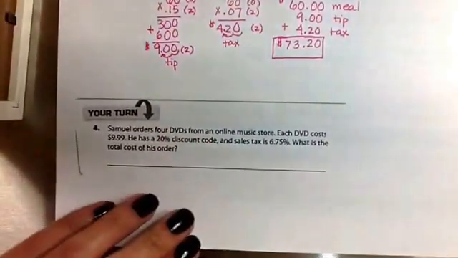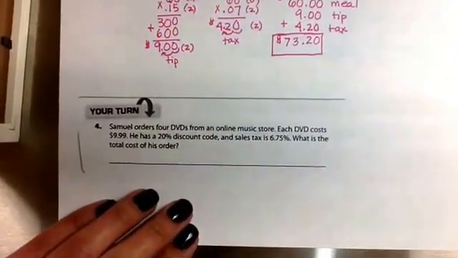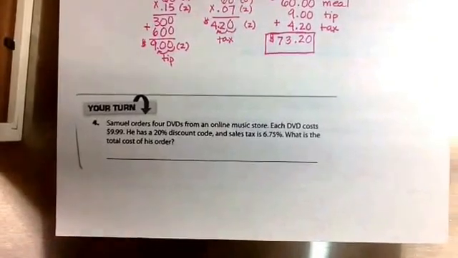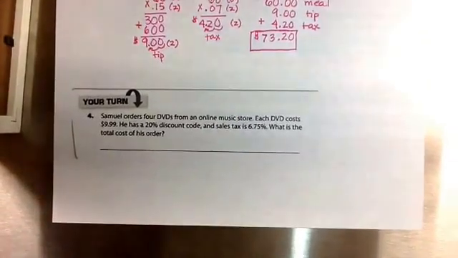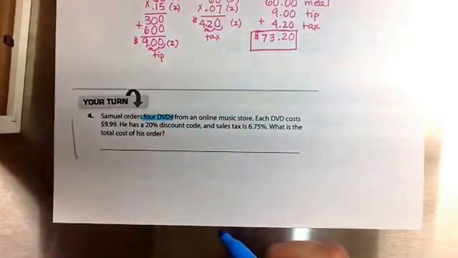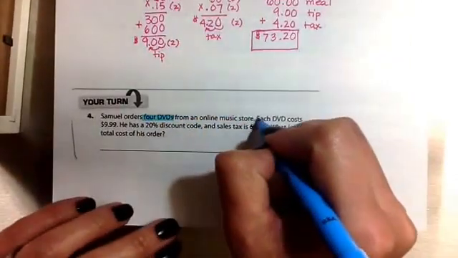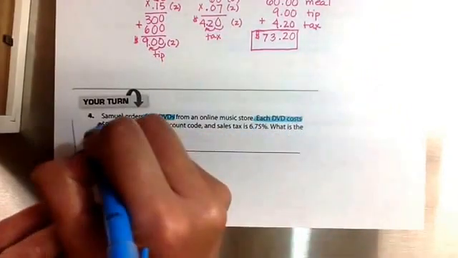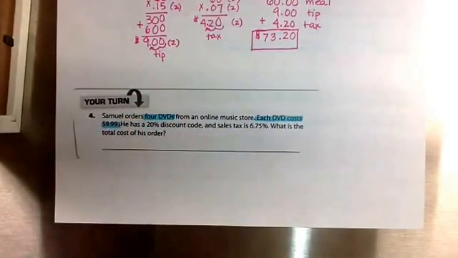Okay, let's go ahead and break down our word problem. Samuel orders 4 DVDs. That's important. 4 DVDs from an online music store. Each DVD costs $9.99. That's important.